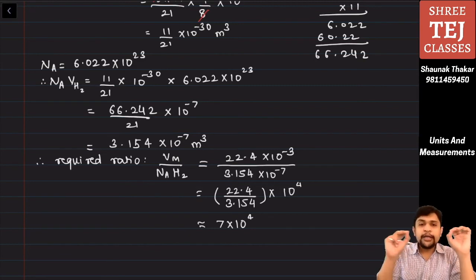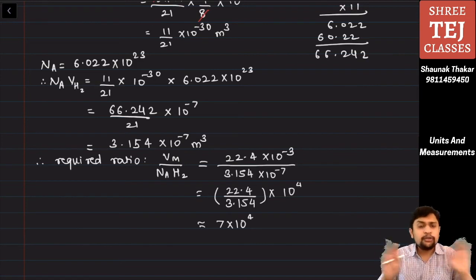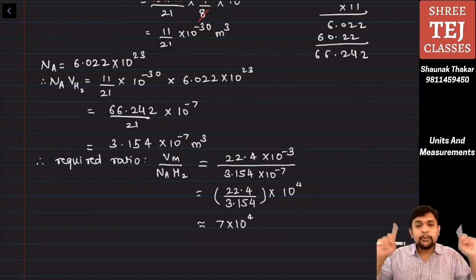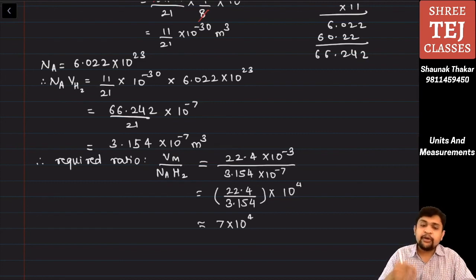Therefore, the molecules of hydrogen have lots of space between them, which is why if we consider 1 mole of hydrogen gas, we get a very large volume, as opposed to if we consider just the volume of 1 mole of hydrogen molecules. If we consider the volume of just 1 mole of hydrogen molecules, we are not considering the intermolecular spaces, which are very high in gas. Therefore, we get such a huge ratio. So that is the reason.